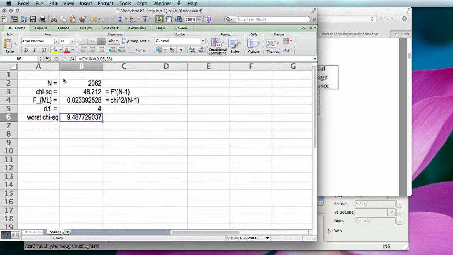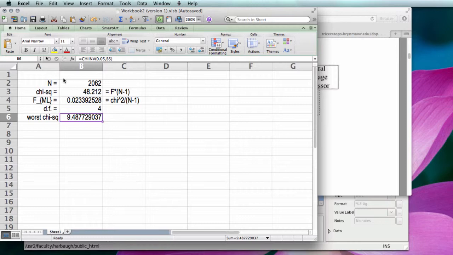So that says if I had a chi-square value of 9.4877, then I would have a p-value of 0.05, which puts us right on the boundary of rejecting.